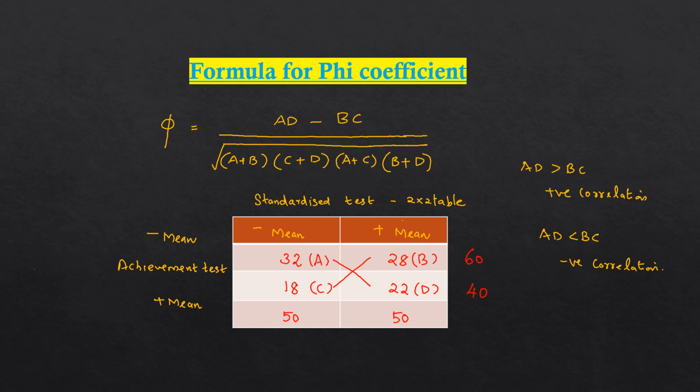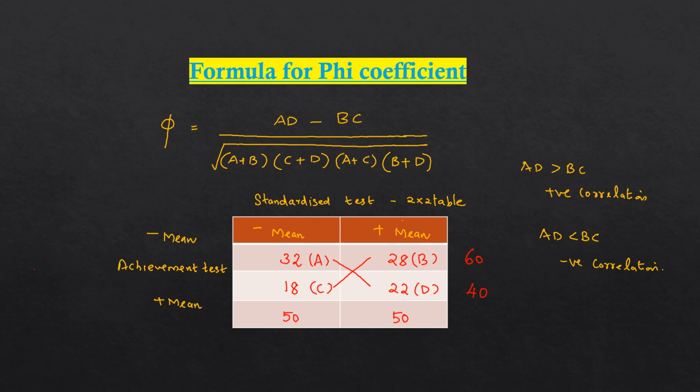From the table you can see the values entered here, which are the frequencies representing below mean and above mean scores: 32, 28, 18, 22, which represent A, B, C and D.